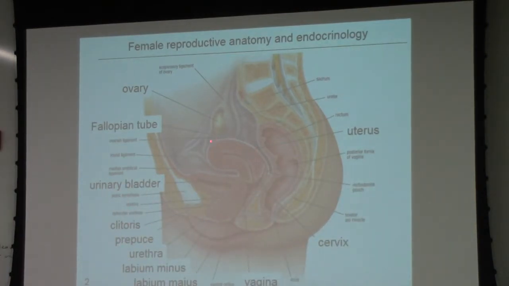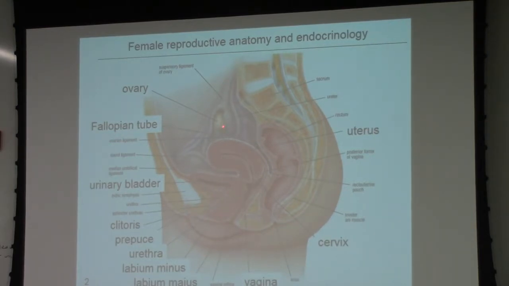In particular, there's a ligament between the fallopian tube and the uterus that looks like it physically allows the ova to move that way, but that's just a ligament. It's just connective tissue.